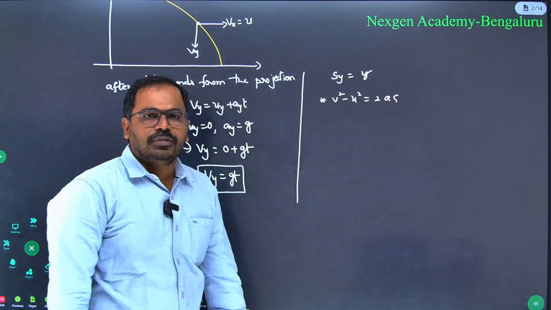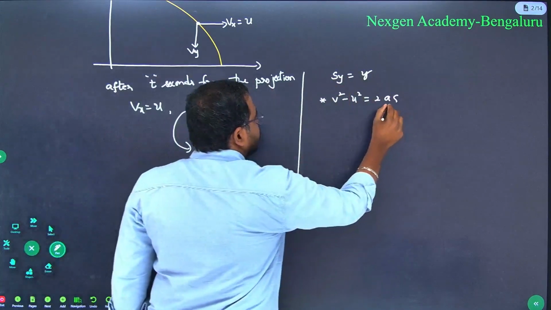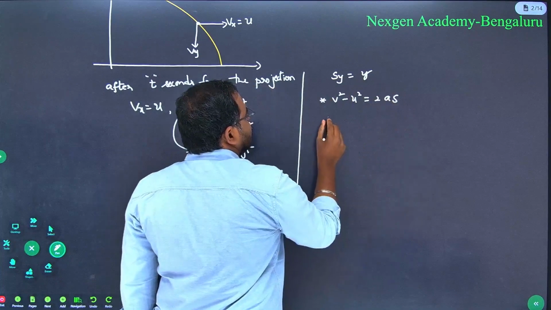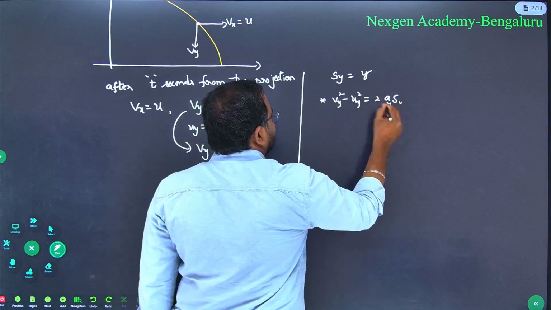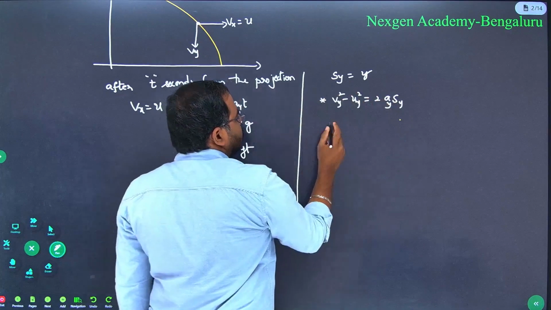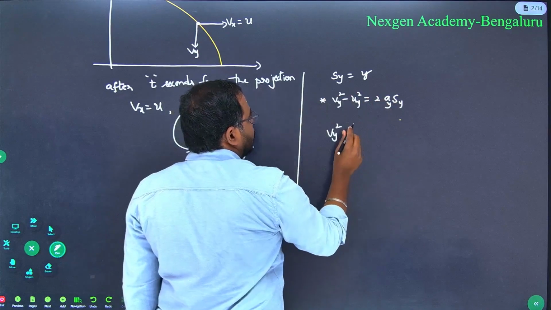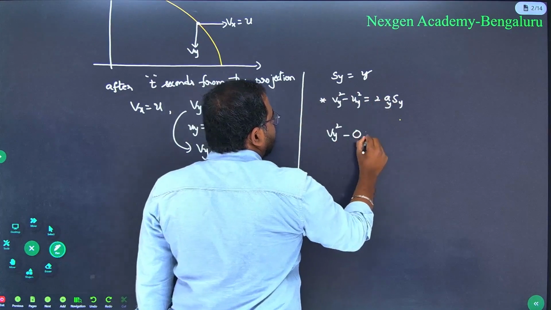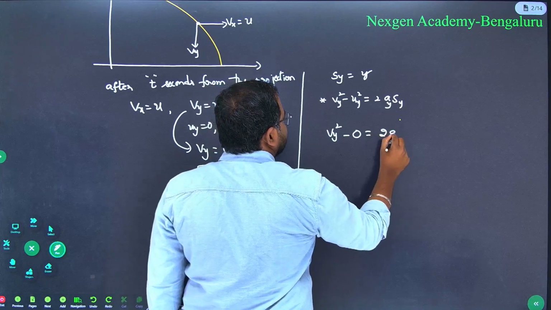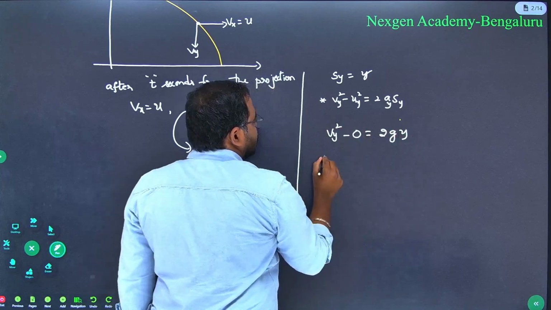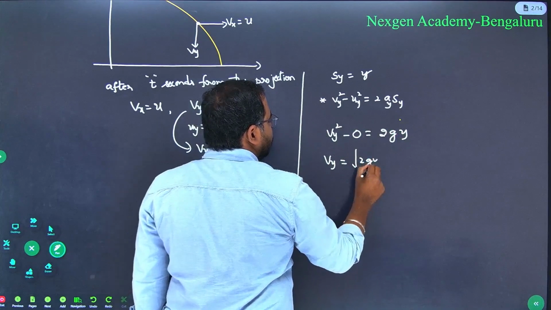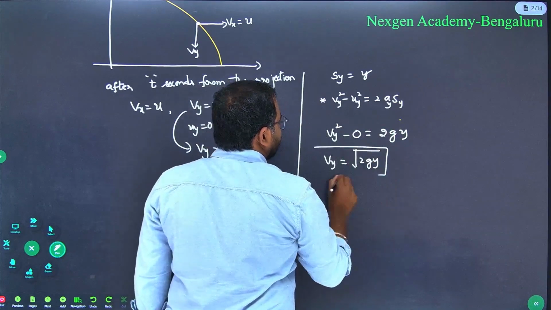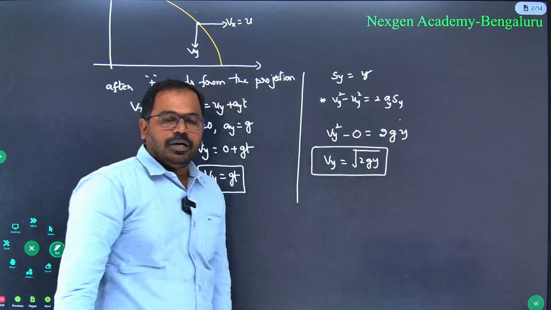If we use this equation, we can write this as Vy square minus Uy square along y direction. Now, this one can be Vy square minus 0 equal to 2 into acceleration g into y. So, Vy equal to square root of 2gy. This is the expression for the vertical component of velocity.